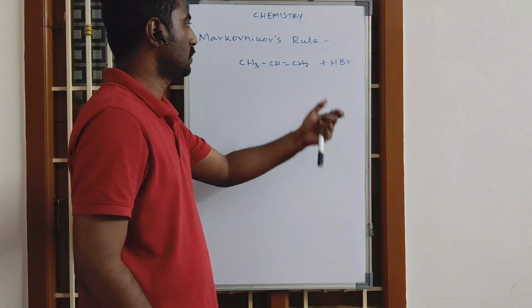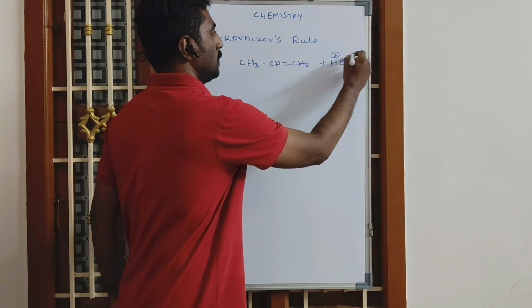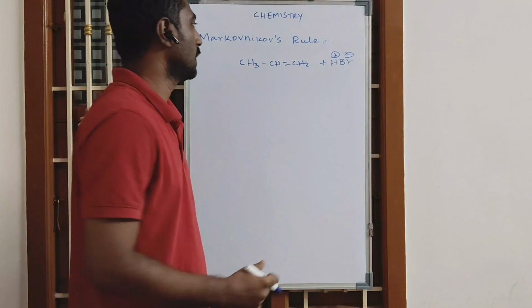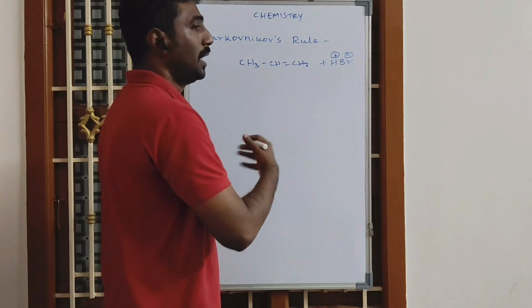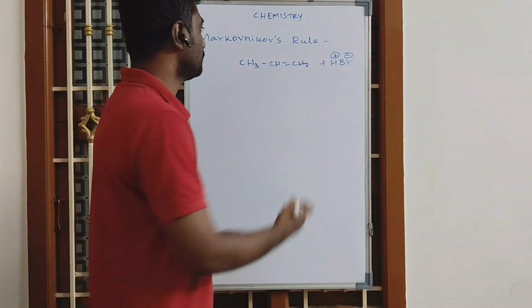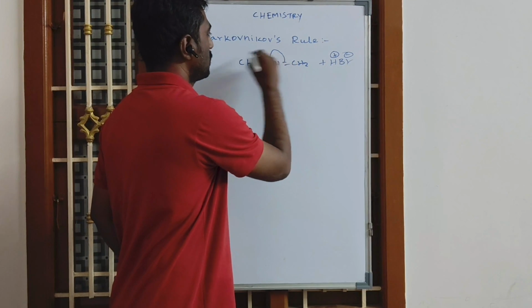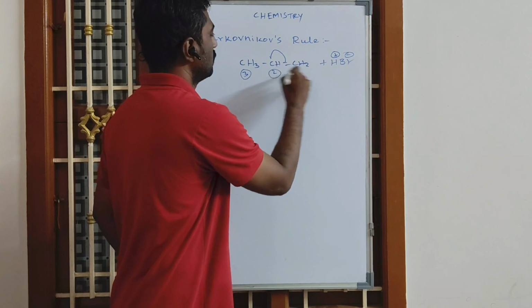When you add either of these acids, where will the H+ go and where will the Br- go? The real problem only exists here. Let's see how the mechanism takes place and what the possibilities are. Consider first that the pi electrons move to the number 2 carbon.